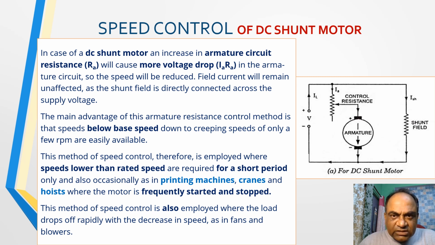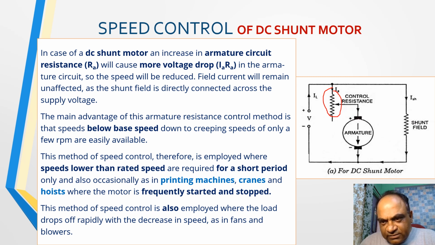Speed control of the shunt motor is also continued here. In the case of the DC shunt motor, an increase in the armature circuit resistance will cause more voltage drop in the form of IARA in the armature circuit, and so the speed is reduced. So here we have taken this resistance that is in the armature circuit.